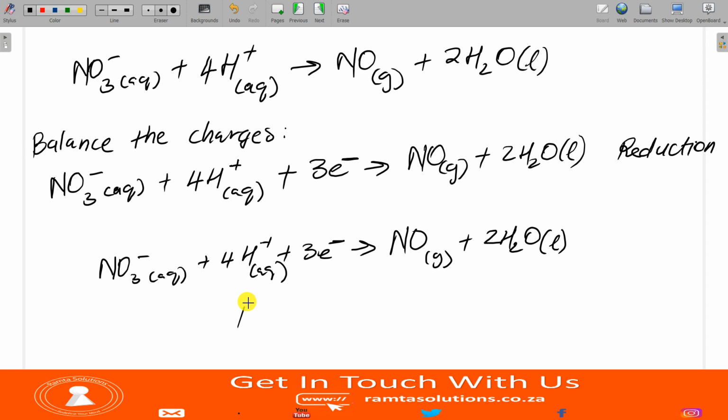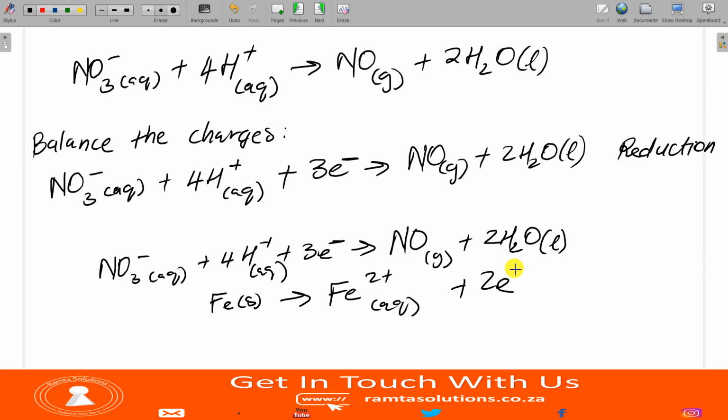Now we have, I believe, solid iron, giving us iron 2 plus aqueous plus 2 electrons.